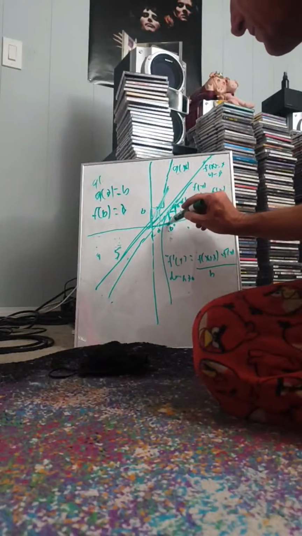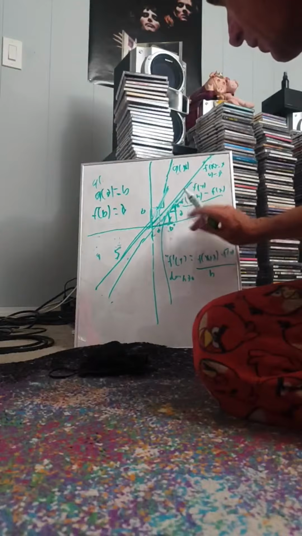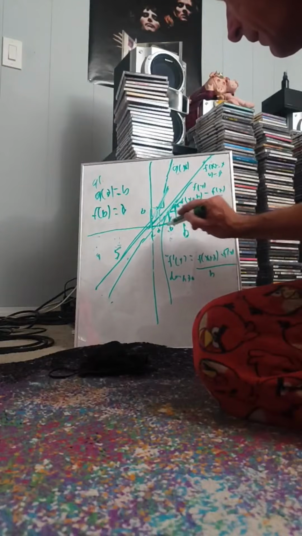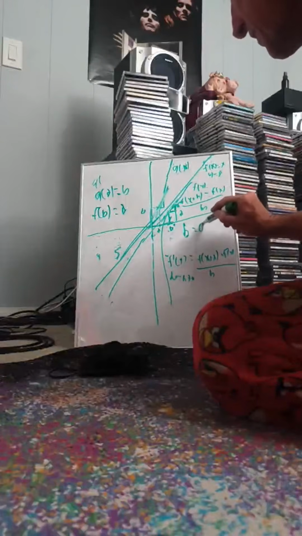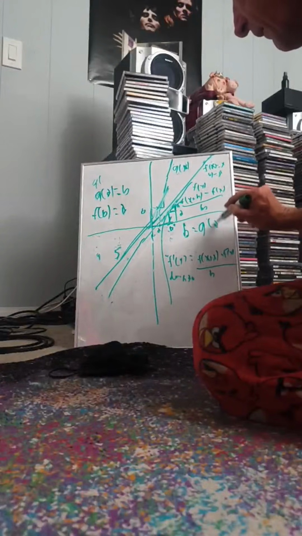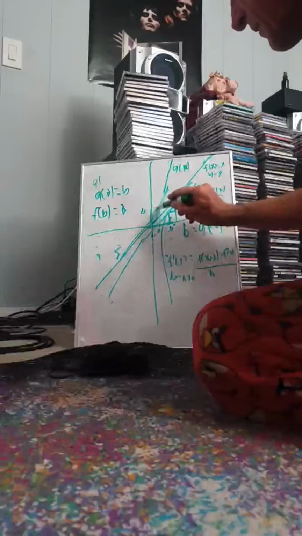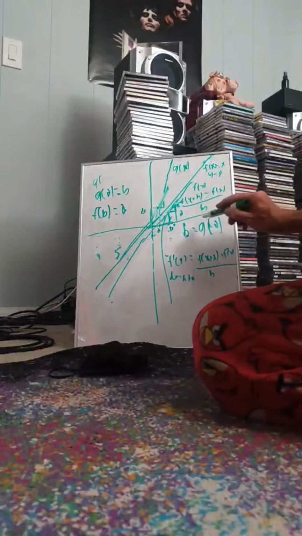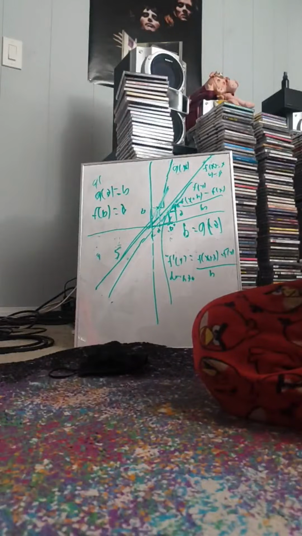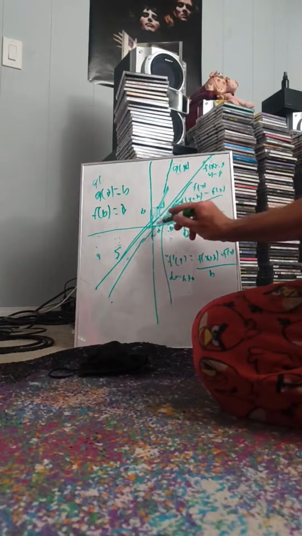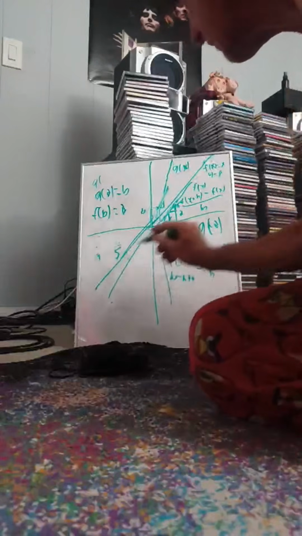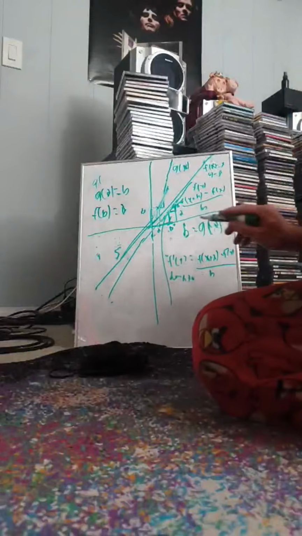Let's check this out. This b here is equal to g of a. You guys see that? The function g of x at x equals a is b. So therefore b equals g of a. See that? Let that sink in. So this b here is g of a.